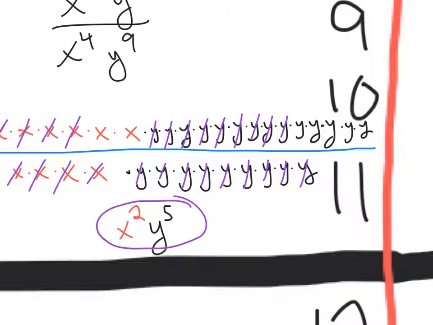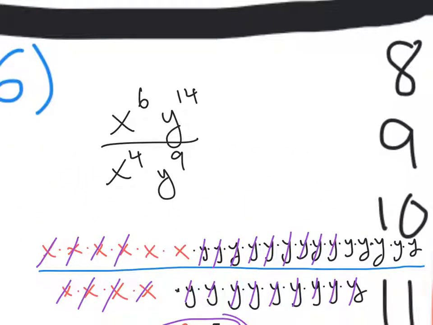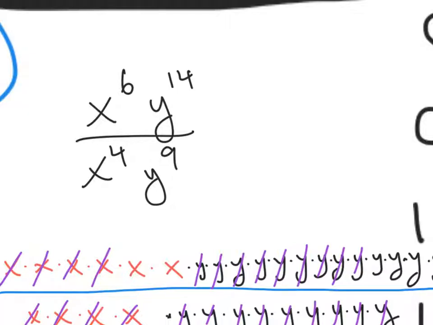Now let's do it the quick way. We know the law of exponents just tells us if the base is the same, we can actually subtract our exponents. So go ahead and take this and subtract it there.